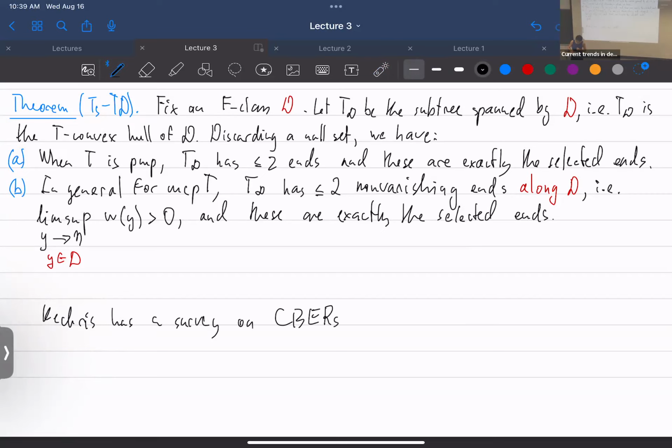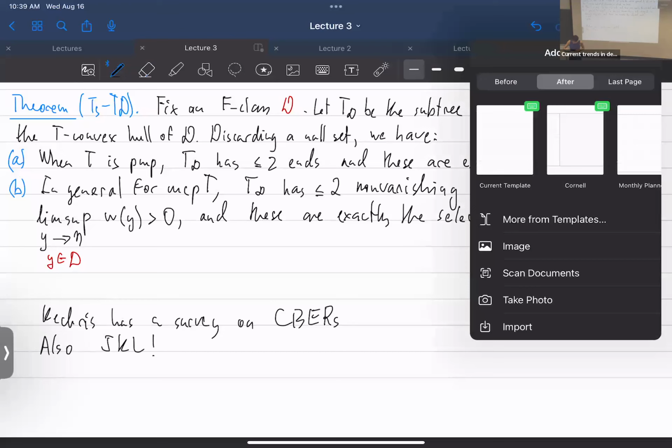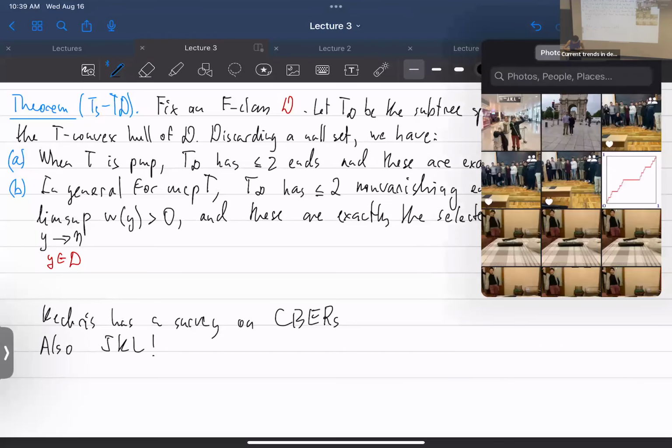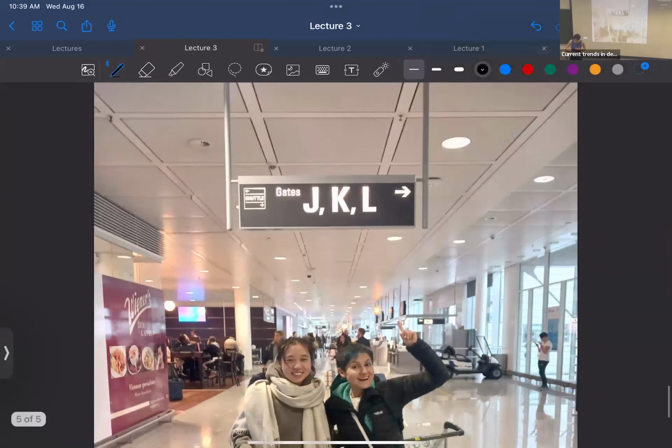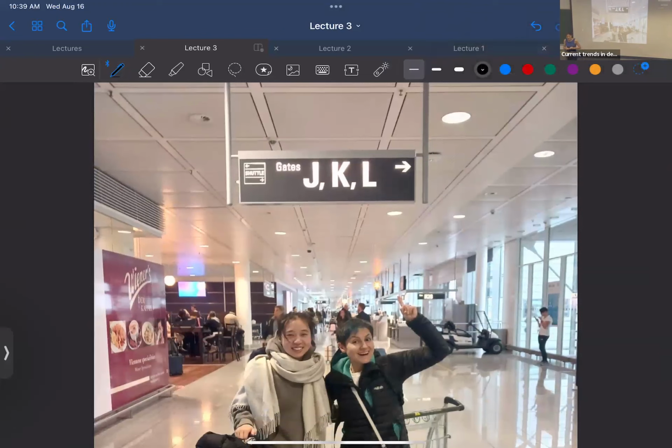But I learned all of this stuff, these ends and so on, from the paper I mentioned before, by Jackson, Kechris, and Louveau. This is the main source. And maybe I'll show you how attached I am to that paper. This is in the Munich airport, if you care. So go there, I recommend.